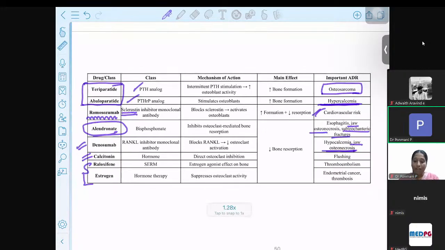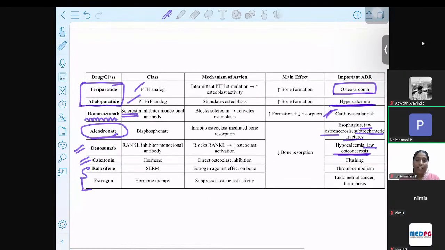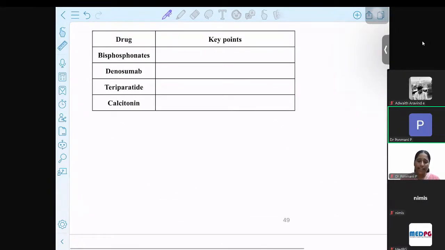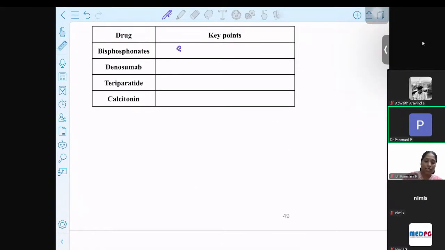Okay. Now our question is, which is the long-standing complication when you are giving continuous administration of teriparatide? So what is it? It is going to be osteosarcoma, right? So bisphosphonates cause subtrochanteric fractures and jaw osteonecrosis.